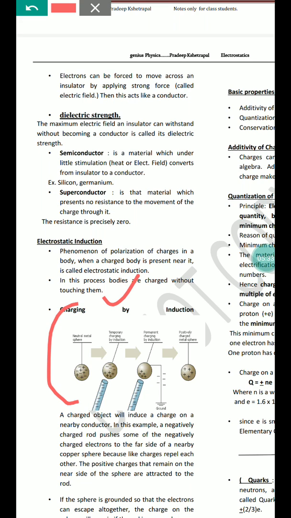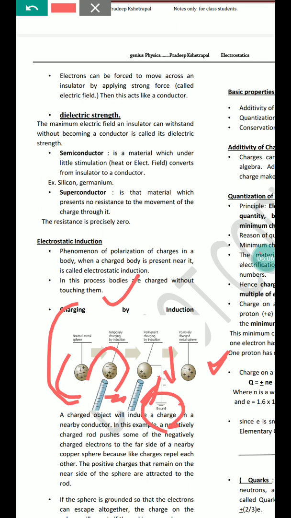This is a neutral metal sphere. It is called neutral because it has both positive and negative charge. So this is the temporary charge. When we bring a negatively charged body near this body, then the positive charge comes near to it, and when we ground the body, the negative charge goes to the ground and the body acquires a positive charge.